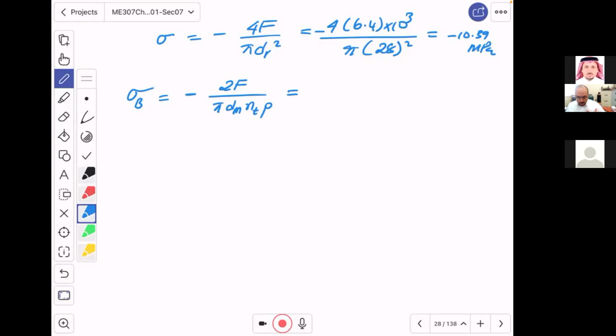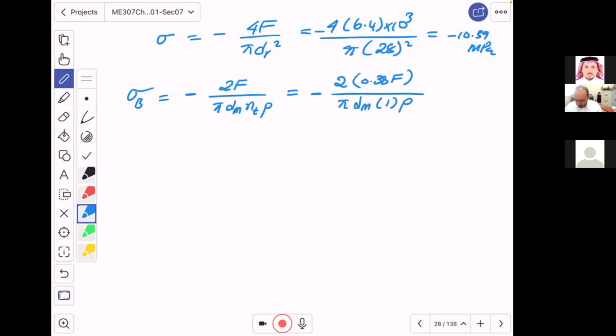We said that in design analysis, we will focus on one thread which will carry 38% of the load. So we will put a minus. 2 is the same, but we will replace F with 0.38F, and then we will divide by pi dm multiplied by 1 multiplied by p, since nt is substituted as 1.